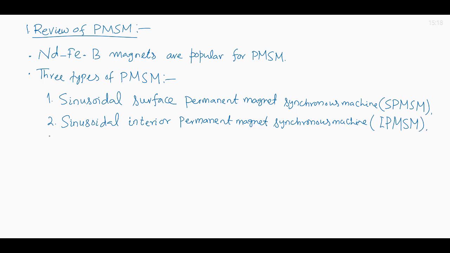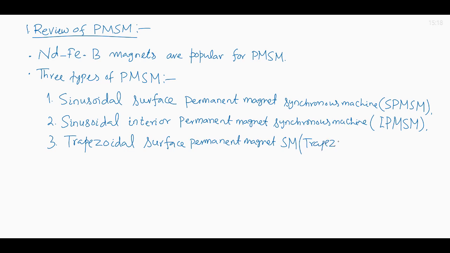And third type is trapezoidal surface permanent magnet synchronous machine, that is trapezoidal SPMSM.